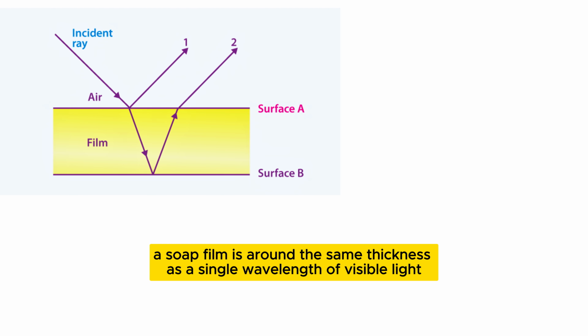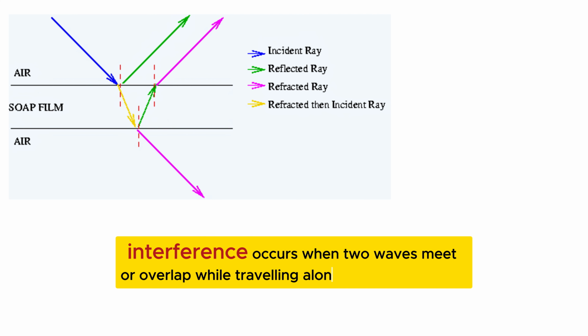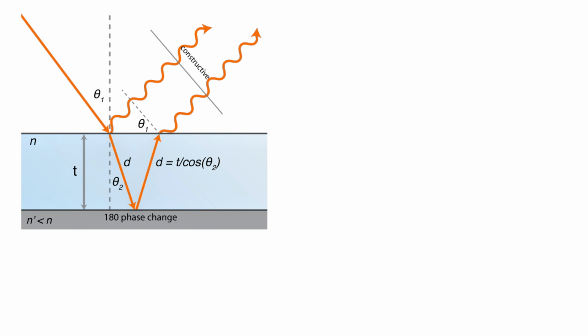That means a soap film is around the same thickness as a single wavelength of visible light, and interference occurs when two waves meet or overlap while traveling along the same medium. Let's zoom into this. A soap bubble has a very thin film of water sandwiched between two layers of soap.